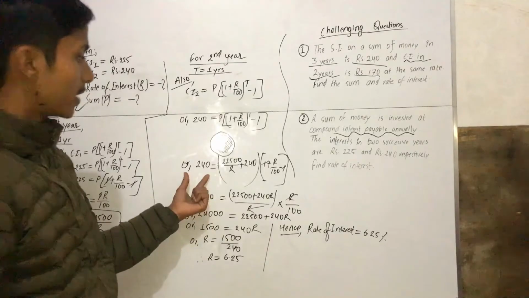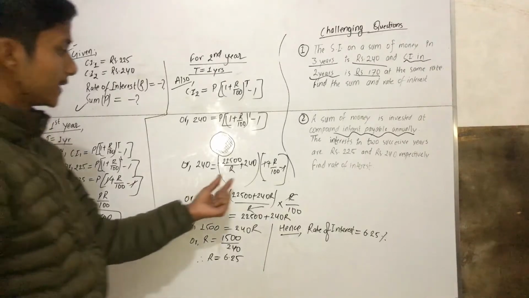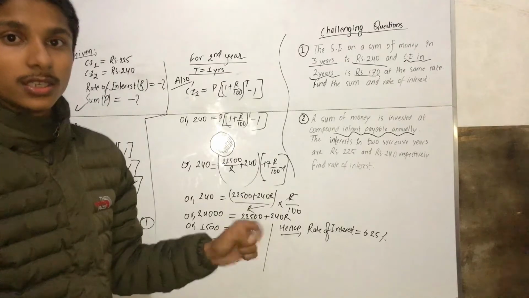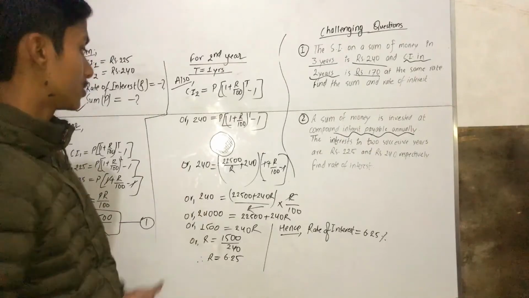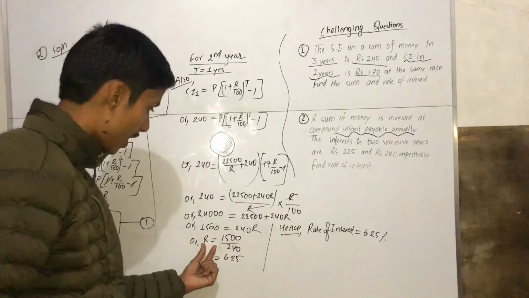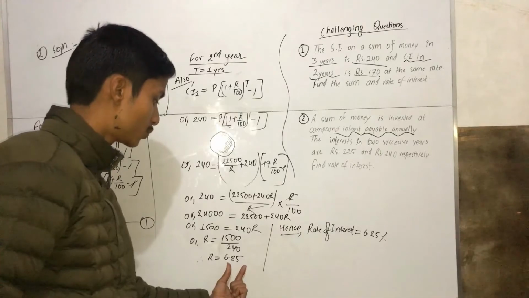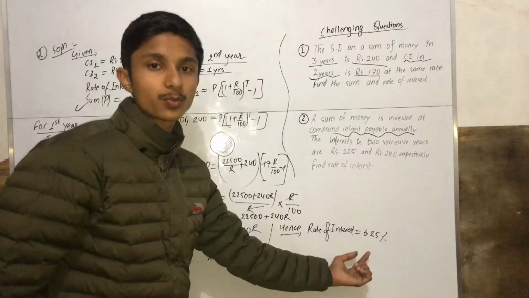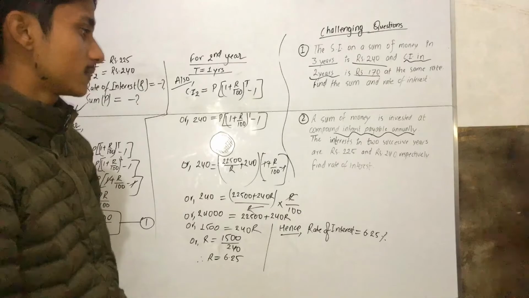Similarly, we put the value of P, that is 22,500 by R plus 240, because I have already told you the principal for the second year is equal to the principal plus the interest for the first year. So just simplify this and we get R is equal to 1500 by 240, that is R is equal to 6.25. Hence we write the rate of interest is equal to 6.25%, and this is our required answer.